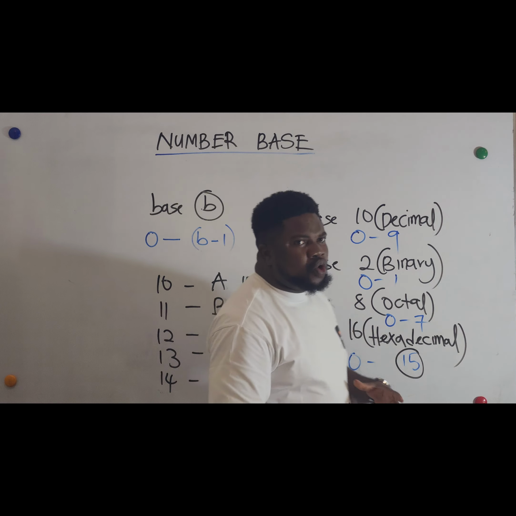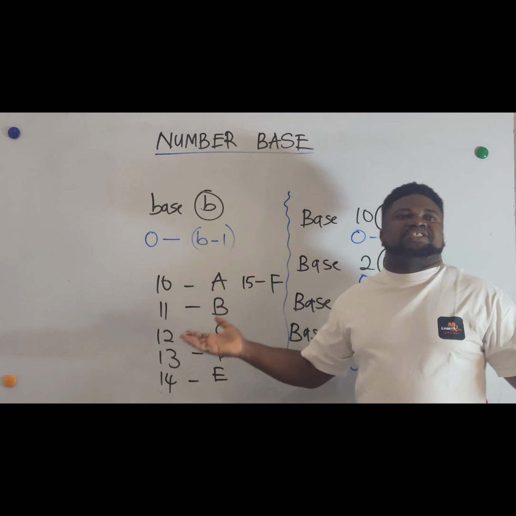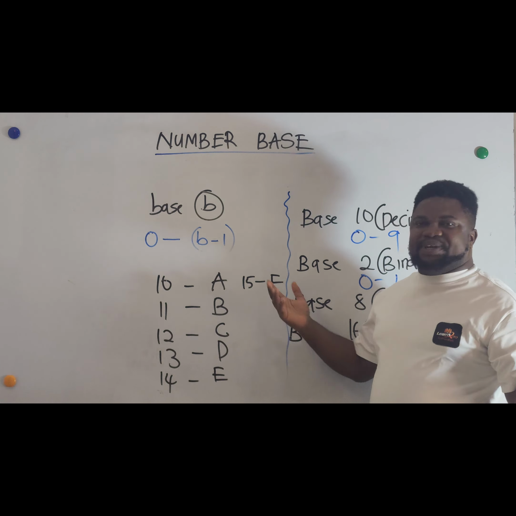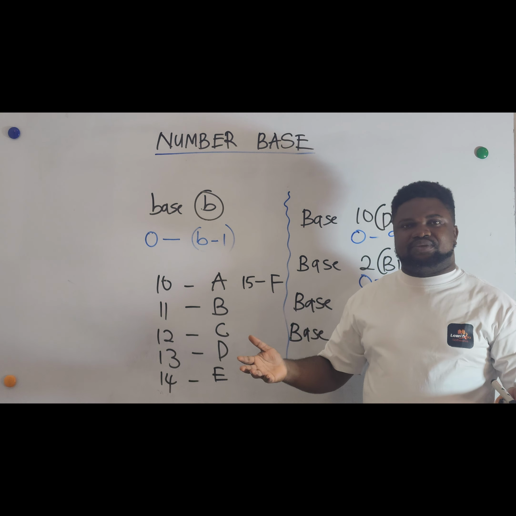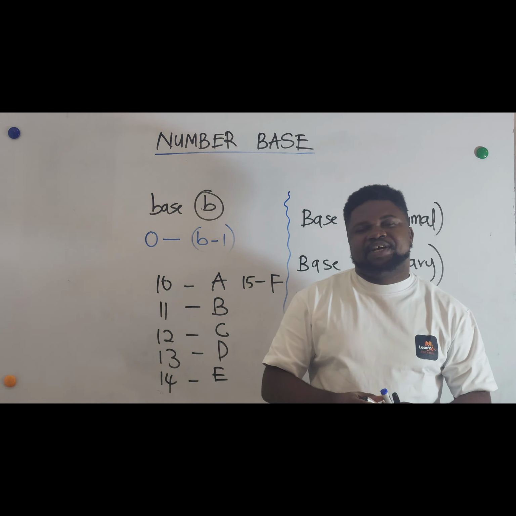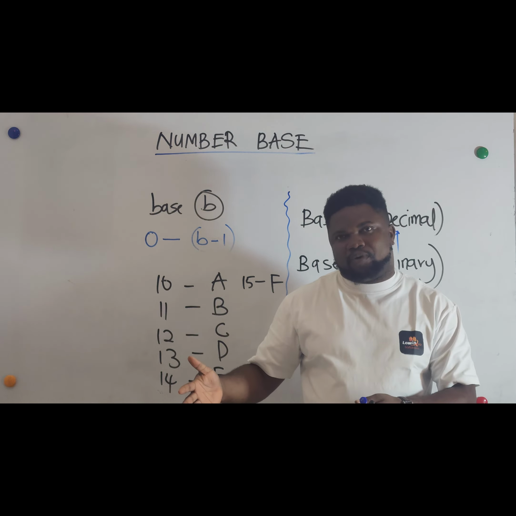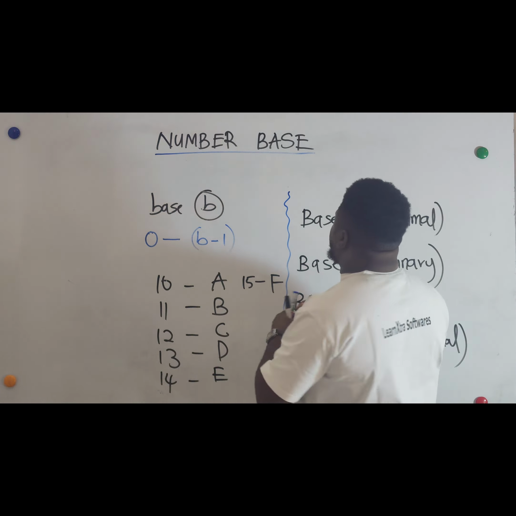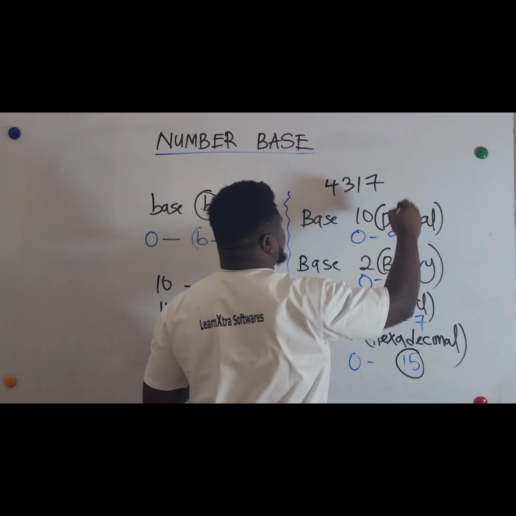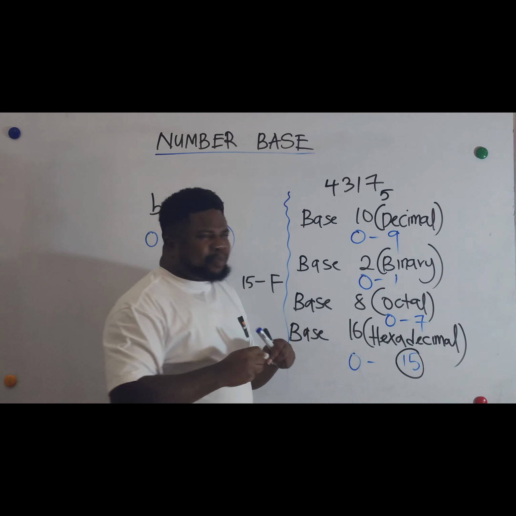Now, what you see most in your exam is this. If I ask you what numbers are involved in base 5, from 0 to what? 4. Yes. If I give you 4, 3, 1, 7 and I put here base 5, is it possible?